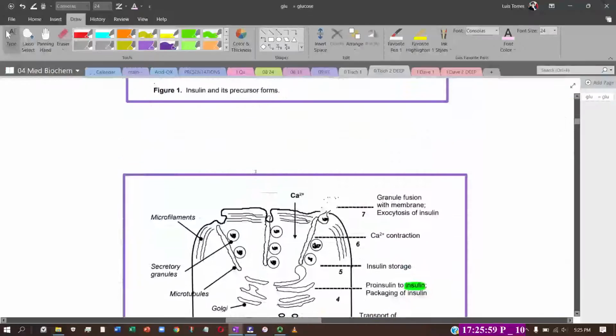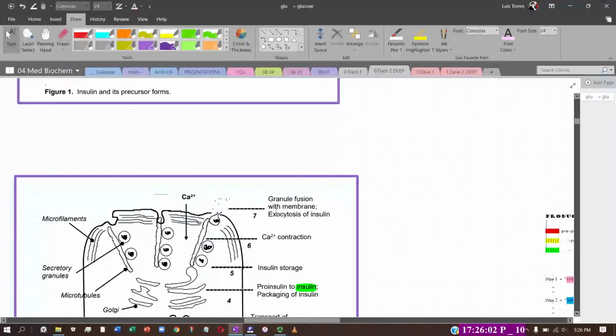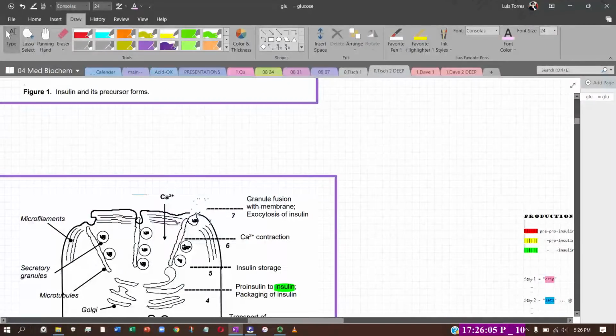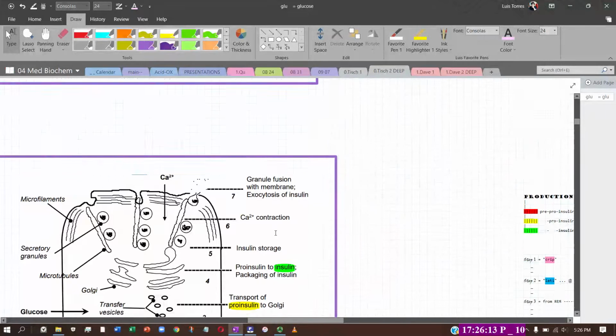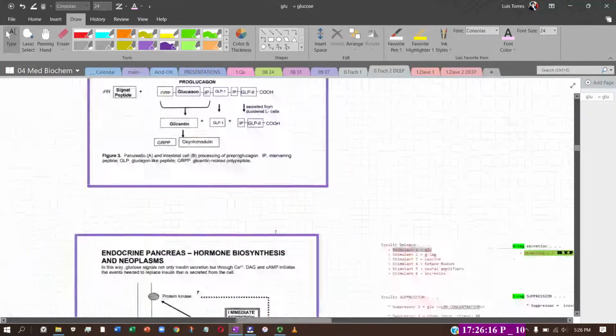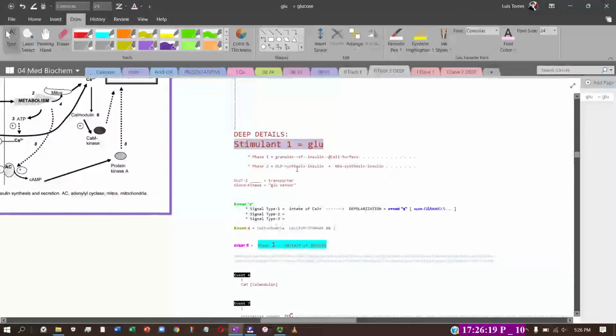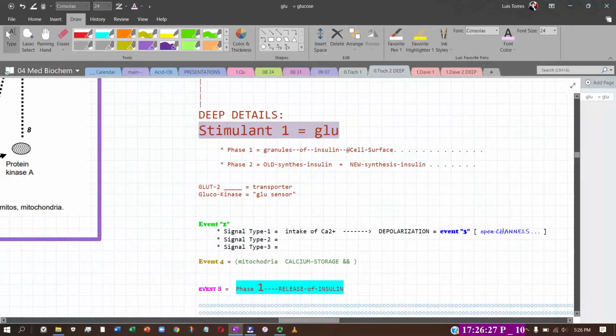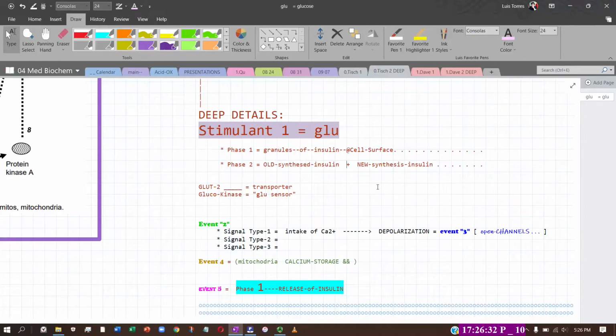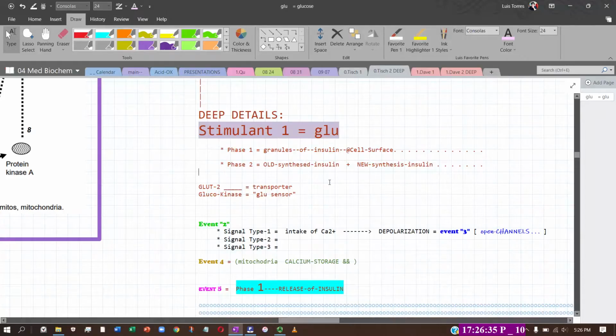That ties back to step 7 here, where insulin is waiting near the surface of the pancreas beta cells. During the later second phase, there are two types of insulin: old synthesized and new synthesized insulin. That's the difference between phase 1 and 2.